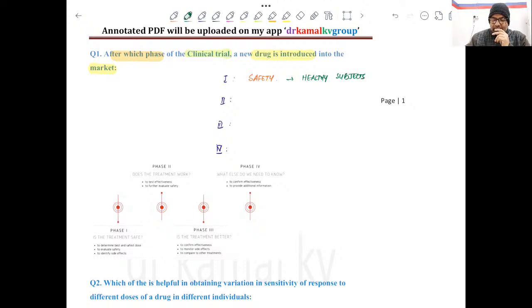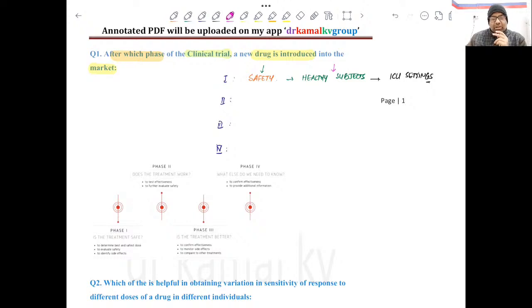So the drug is given to healthy subjects under ICU settings, because we don't know in what manner the drug will act on the body. So we have to make sure that we are ready with all the emergency measures in the rare case that there is any side effect or adverse effect which can be fatal to life, right? So the very first phase is about safety of the drug, and therefore we choose healthy volunteers, and the drug is administered to them under ICU settings.